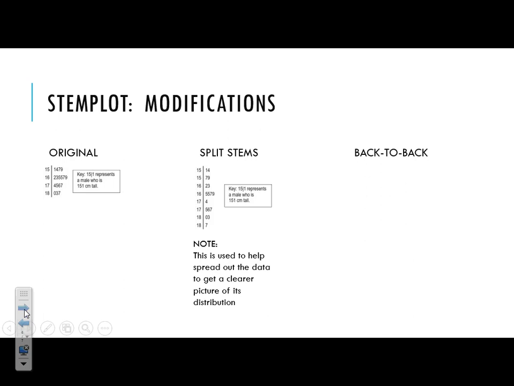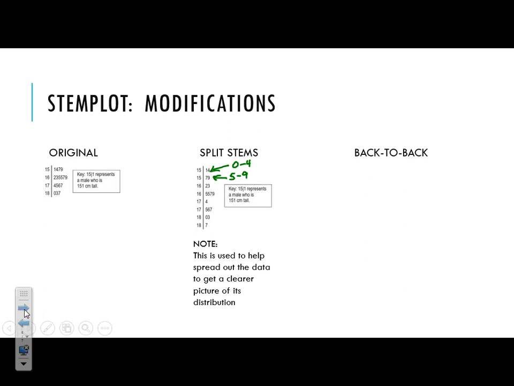But I want to make one note here that's very important. Again, this is used to spread out data. But when I split those stems, the first stem is representing leaves 0 through 4, and my second stem is representing leaves 5 through 9. Each stem covers the same range as when I use a single stem.